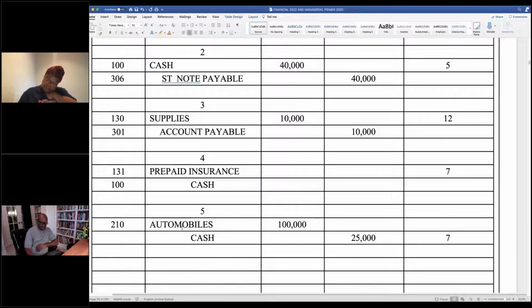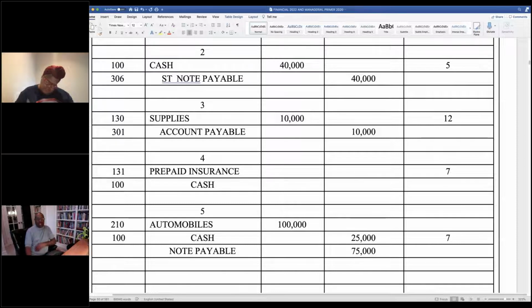So we know this is account 100, but then for the automobiles, they want you to sign a note. So what's our long-term note payable? 75,000. Yeah, 75,000. So it's note payable, $75,000.